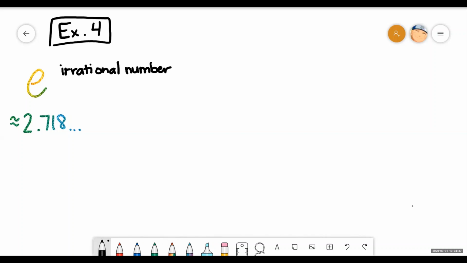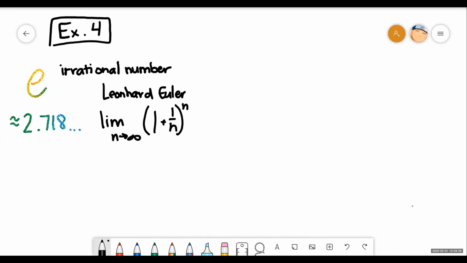Now, this number was developed by a Swiss mathematician named Leonhard Euler, and he was able to determine that it was equal to the limit as n approaches infinity of this awesome looking expression. Okay, you guys talked about limits.